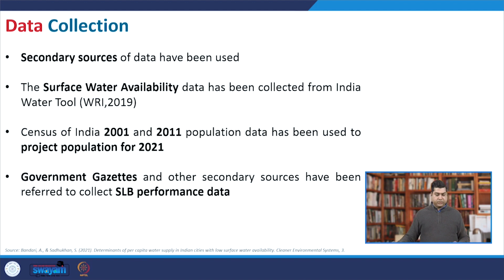Data collection: secondary sources. If you recall, this was early 2021, the COVID time, so we thought of utilizing secondary data to come up with certain kinds of analysis. So we mostly relied on secondary sources of information. The surface water availability data was collected from India Water Tool 2019.